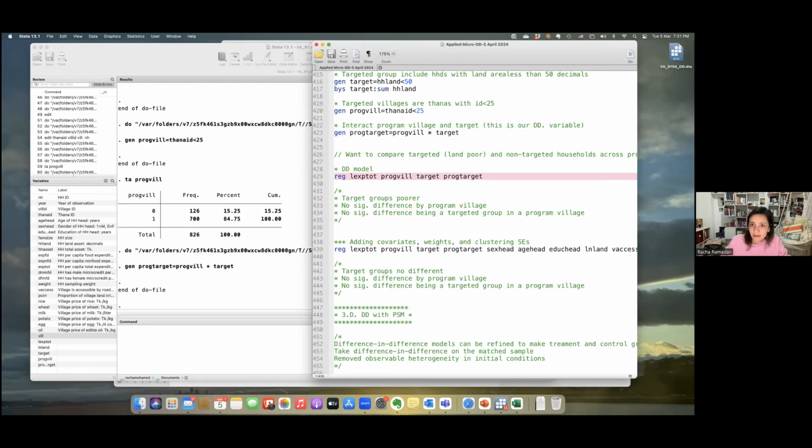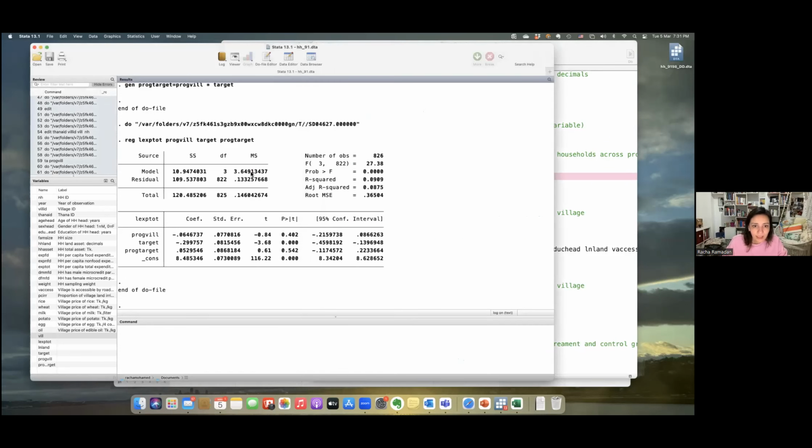I will run my regression, and here, as you can see, we found that the program village, which corresponds to the idea of the time dummy, is not significant. So being in a village where the program was implemented compared to a village where the program is not implemented has no significant effect on the total expenditure of the household.